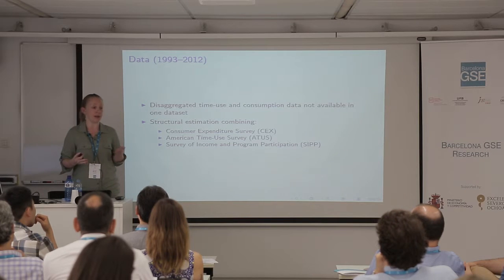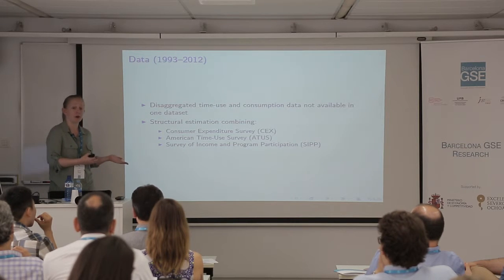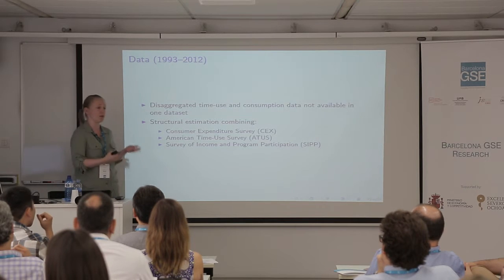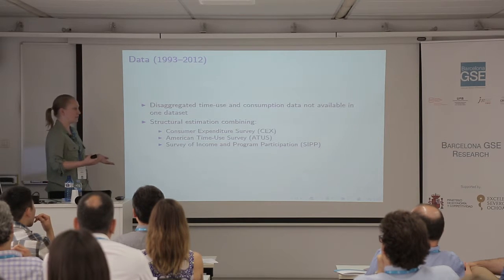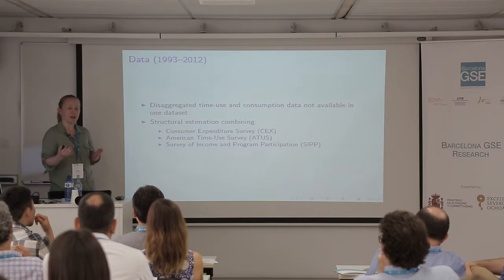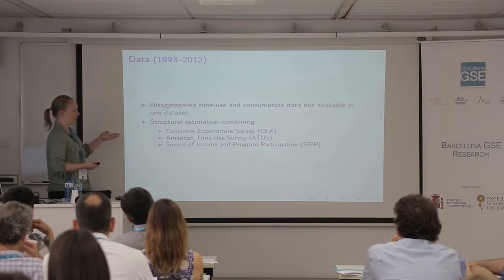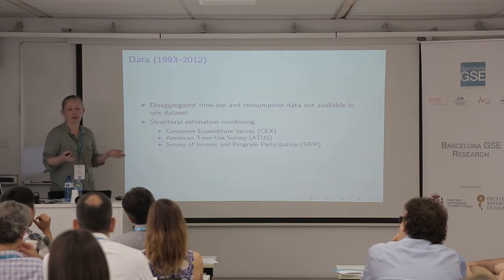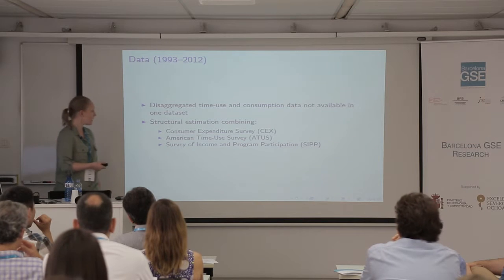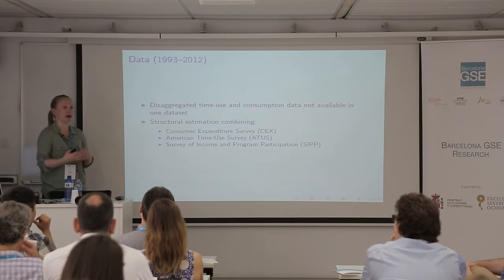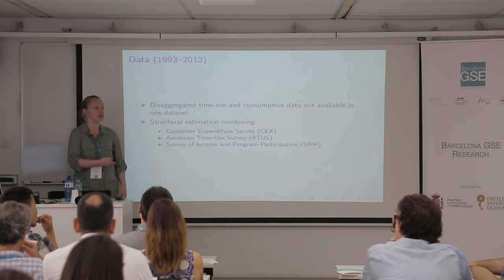The one paper that has estimated the collective model in previous literature has only 200 observations, whilst I'm going to be exploiting, I think, over 6,000 observations in the ATUS, and the Consumer Expenditure Survey has 2,000 in the sample of couples. I'm also using the Survey of Income and Program Participation to model childcare costs.